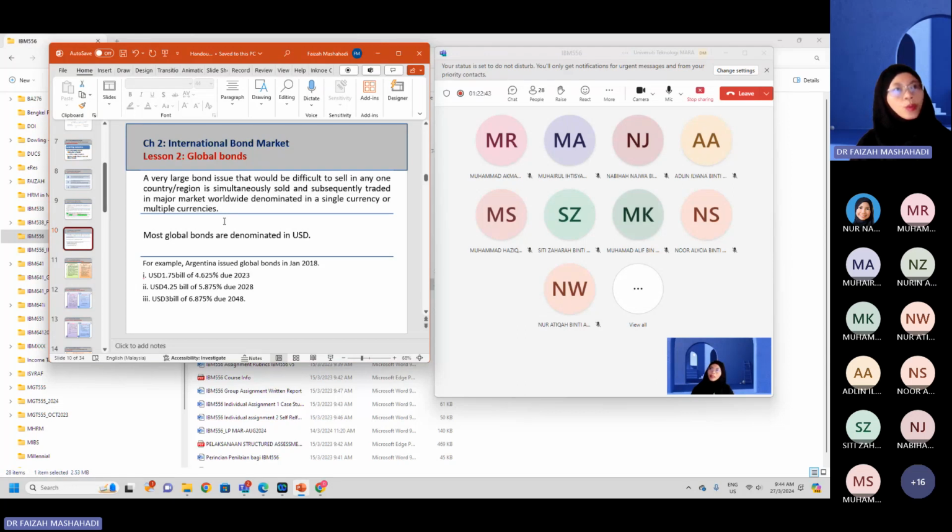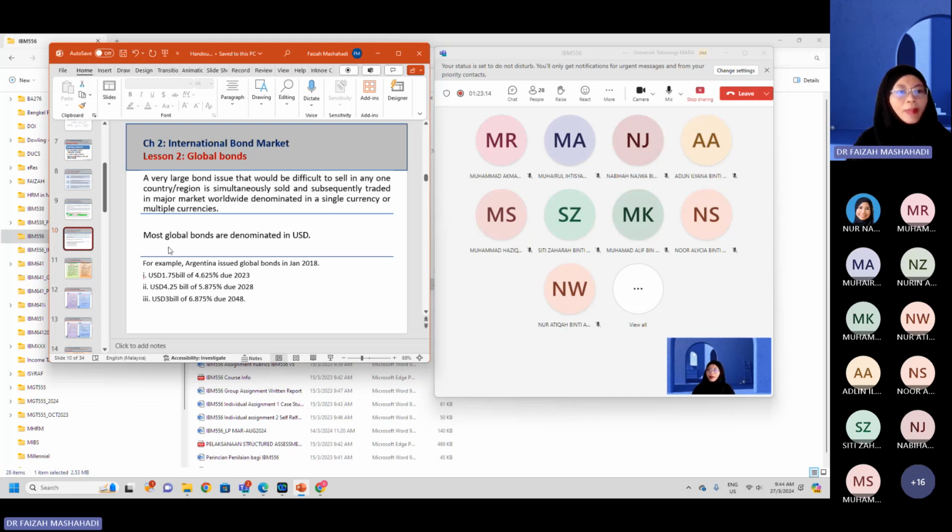That one is Eurobond, denominated in a single currency. But a global bond can be denominated in a single currency but target multiple locations, or it can be denominated in multiple currencies and target multiple locations or countries. So the target is wider, okay?